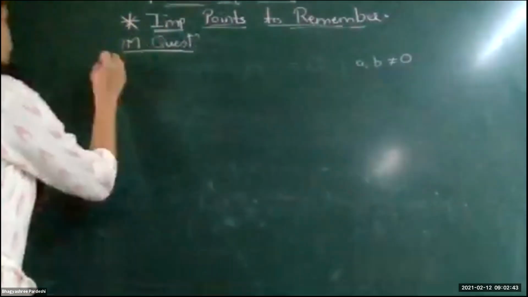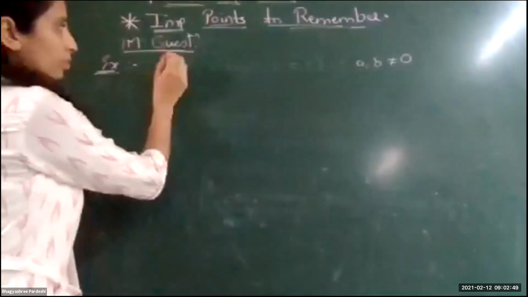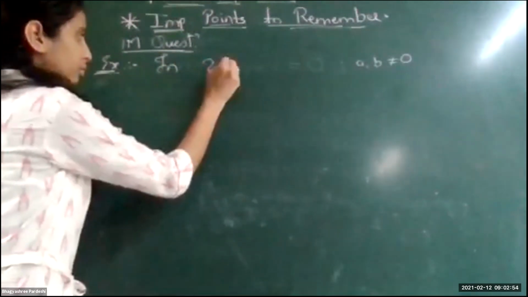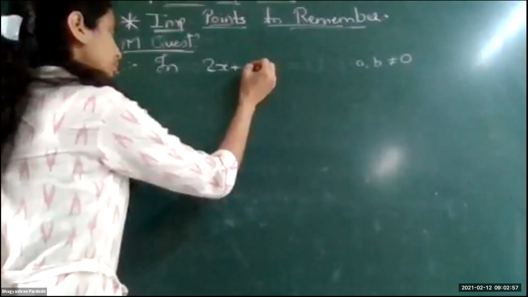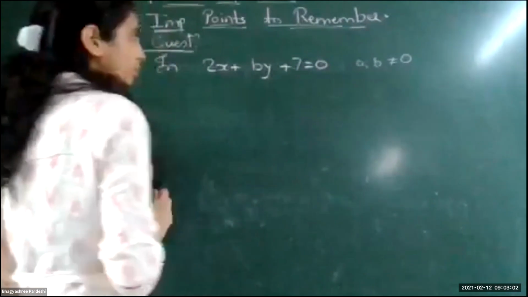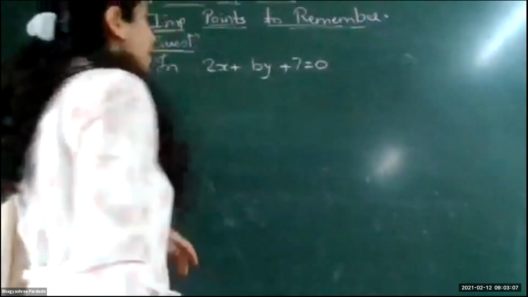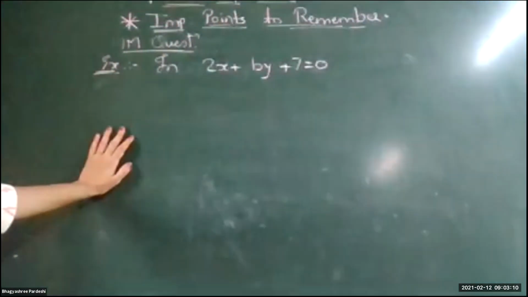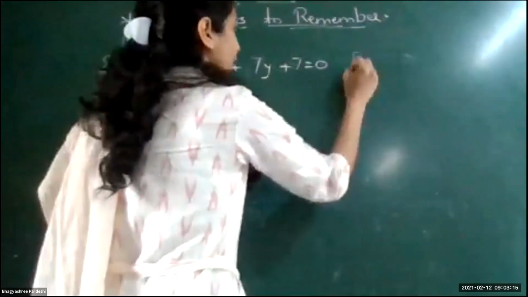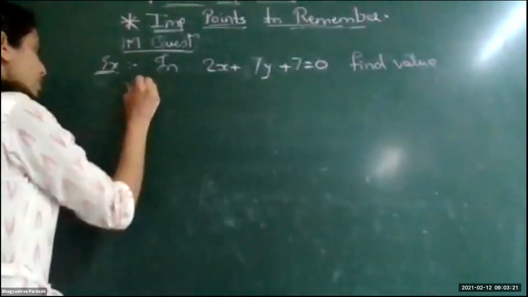Suppose I'm taking one example here: 2x plus 7y plus 7 is equal to 0. Find the values of a, b, c. This is a very easy question and it can be asked.